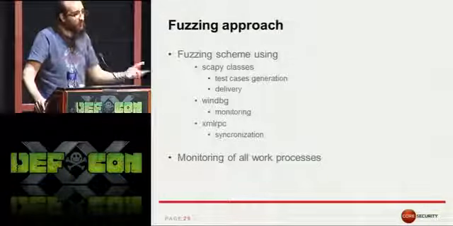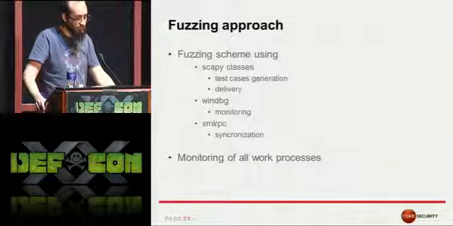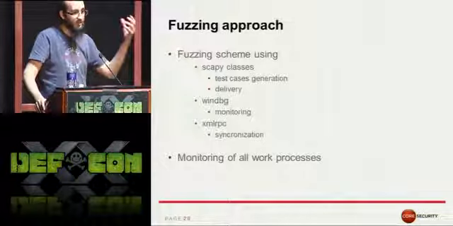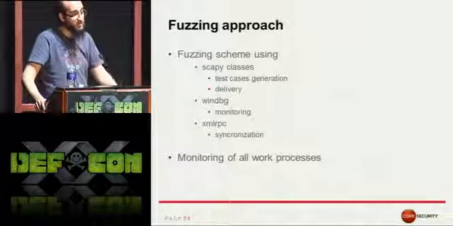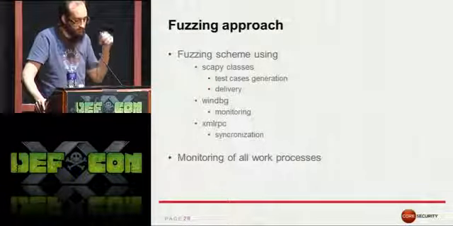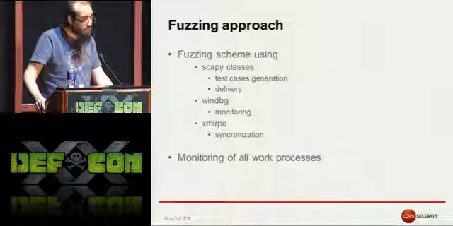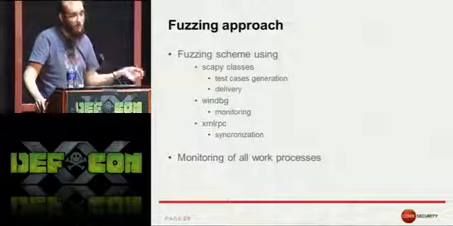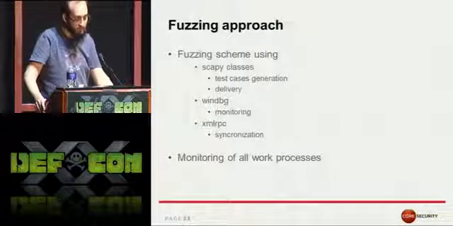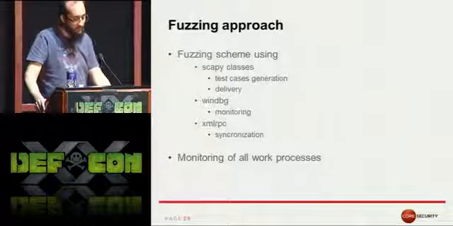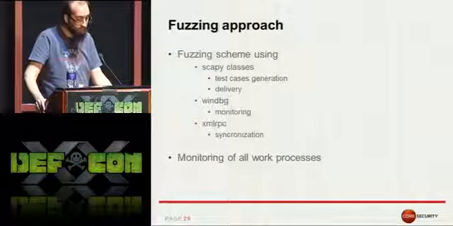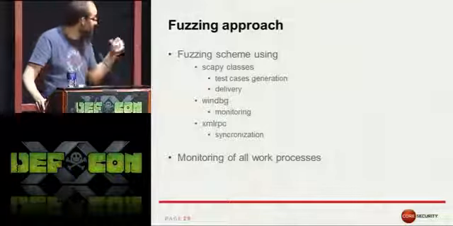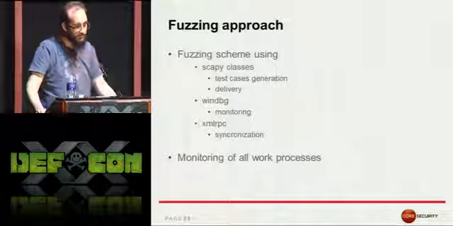Well, one of my goals was to look if there's any vulnerability in either the GUI client or the application server. So I came up with this fuzzing approach for the test case generation, and for delivery of the packets I use my own Scapy classes. I use WinDBG for monitoring of the target, and I use XML RFC for synchronization between the different components.